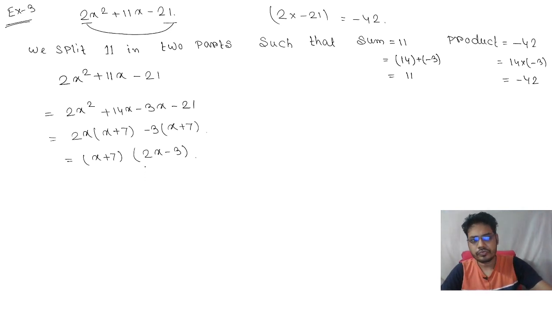I hope you understood this. Now come to example number 4. It is given 9x squared minus 22x plus 8. First you have to multiply 9 and 8. So 9 multiplied by 8 is 72.